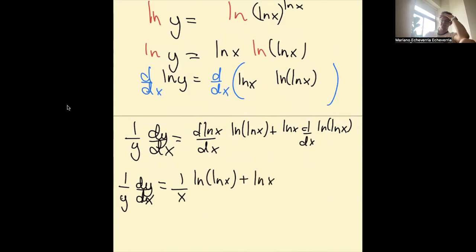But then comes the next one, which is a little bit more complicated. What is this derivative?